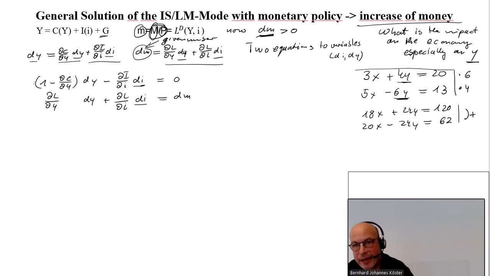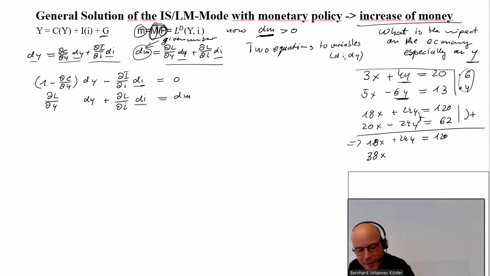Yes, we just add these two equations. Generally you rewrite the first one, 18x plus 24y is 120, and the next one is then 18 plus 20 is 38x plus minus 24y.